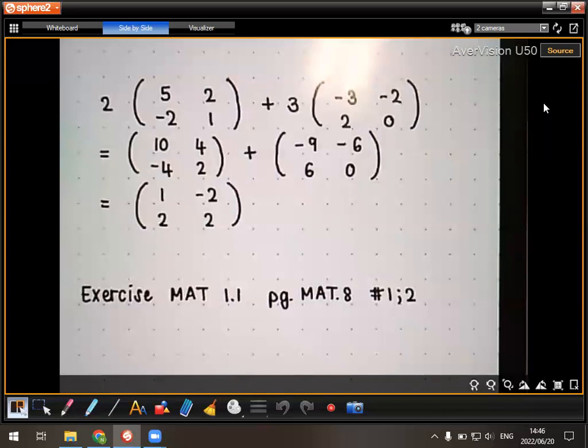Okay guys, I'll put the first one on the board for you and I'll post them. Oh sorry, you're not doing the whole thing. Number 1 and 2 only, my apologies. This is for Friday.